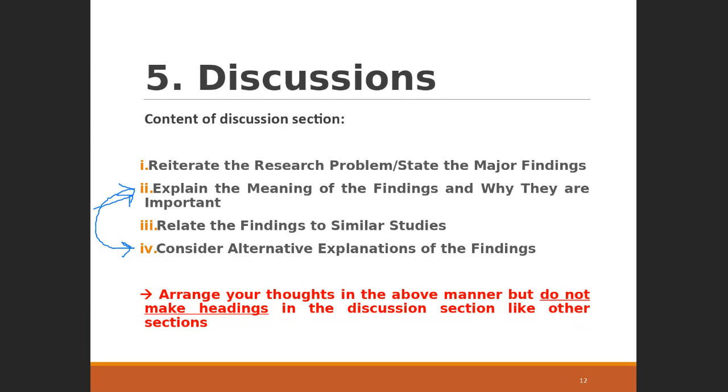This is especially important when describing the discovery of significant or unanticipated findings. So now you have realized that many of your hypotheses are not accepted. Why are they not accepted? This is an unanticipated finding for you. So these are section number 2 and section number 4 of your discussion.